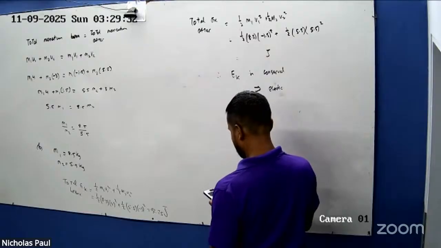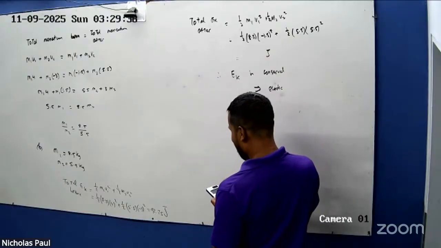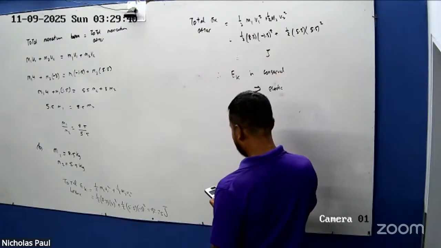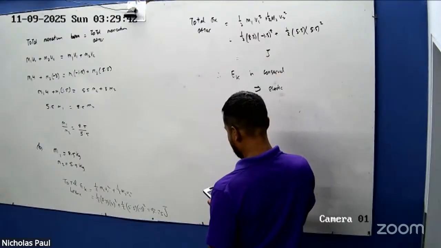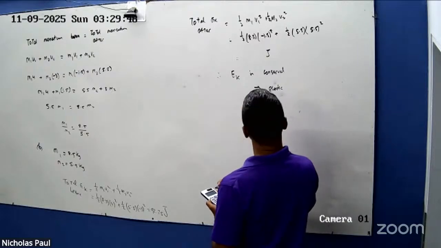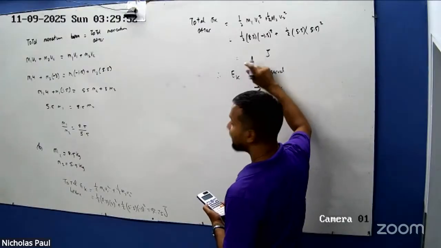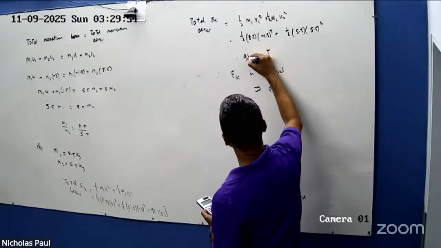Show me if you should be together. What do I get for this one? 92.75, alright.